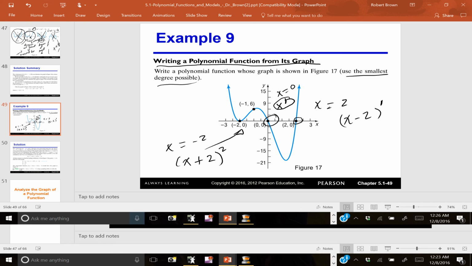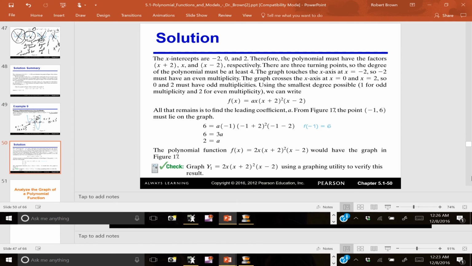So now, putting all this together, we get the function f of x is some constant a, which we have to find out, times x plus 2 squared times x minus 2.